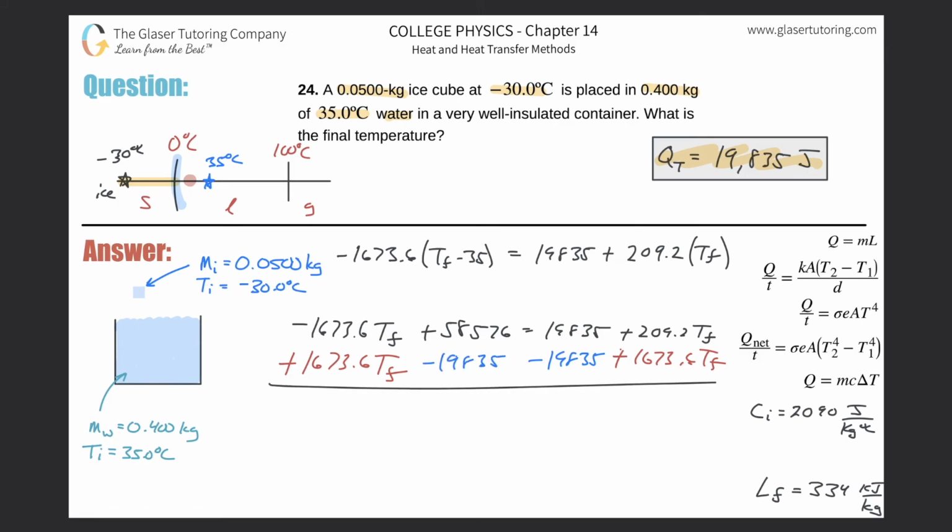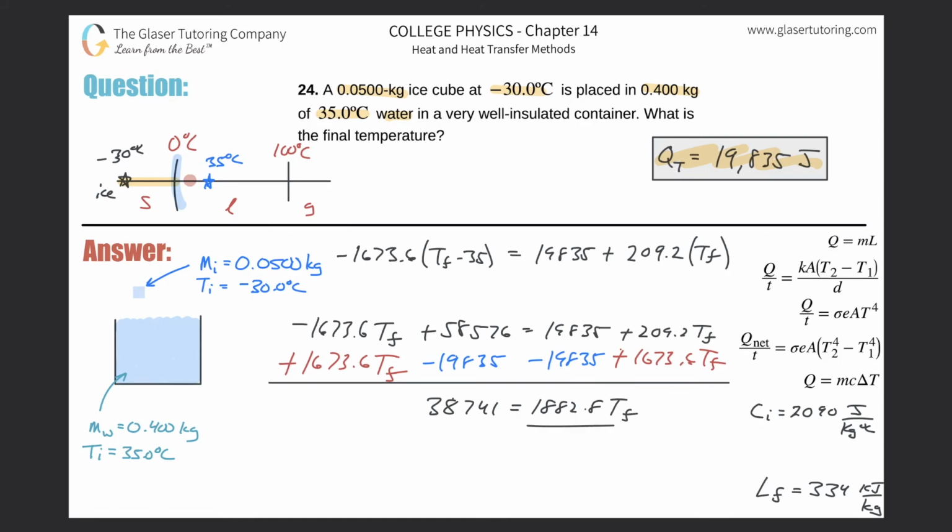And lo and behold, let's see what we come up with. 58,576 minus 19,835 is 38,741. So 38,741 will equal then, let's add those together, 209.2 plus 1673.6. There is always opportunity for error as soon as you start doing all this math all over the place. 1882.8 TF.